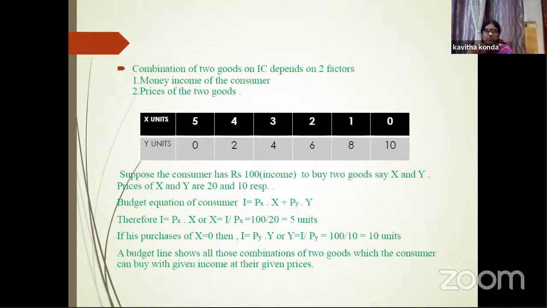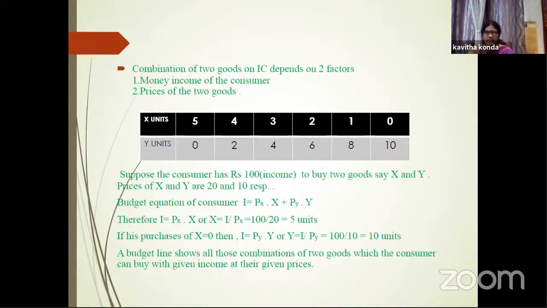The concept of the price line or budget line, the combination of two goods, means the money income of the consumer and the prices of the two goods. We can clearly understand it by this example. Suppose the consumer has an income of 100 rupees to buy the two goods X and Y. Given income is 100.